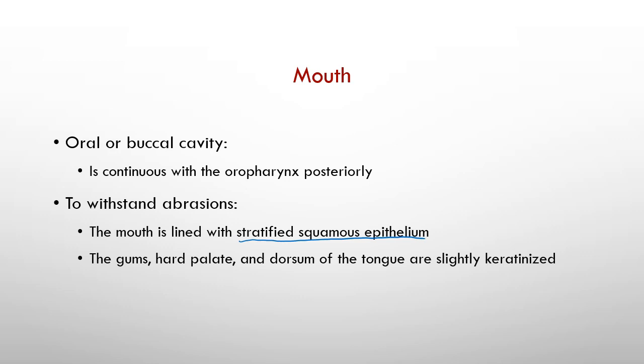So we have essentially things like the gums, the hard palate, and the dorsum of the tongue all have slightly keratinized epithelium on there. So it's not completely keratinized like the skin that is there, but it does provide for extra protection, kind of where the majority of our abrasion tends to occur.